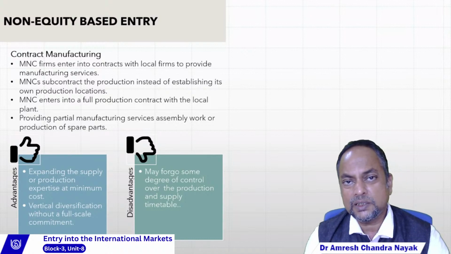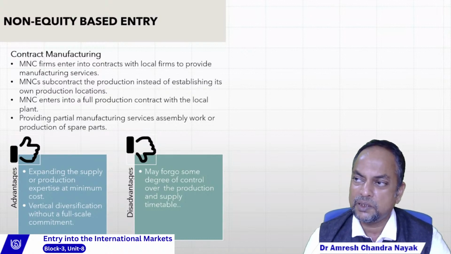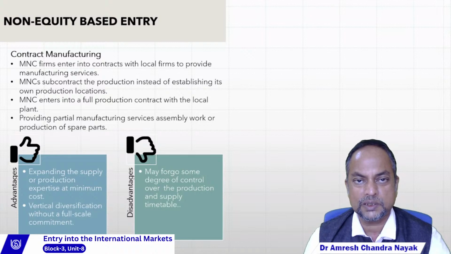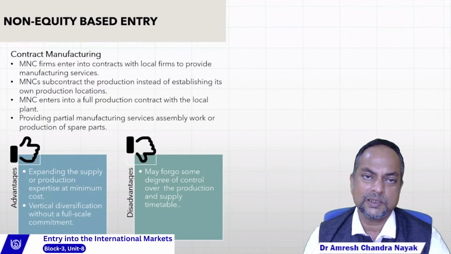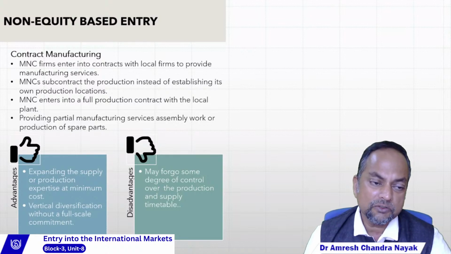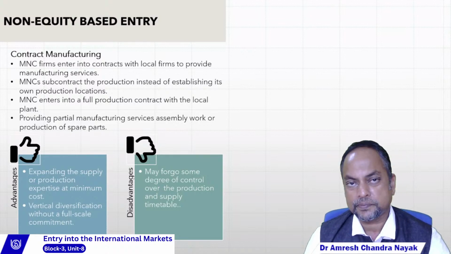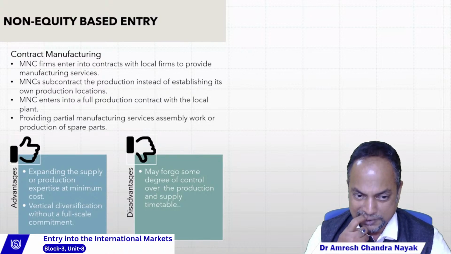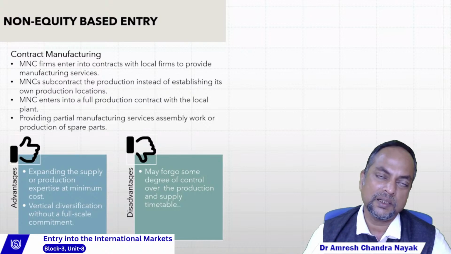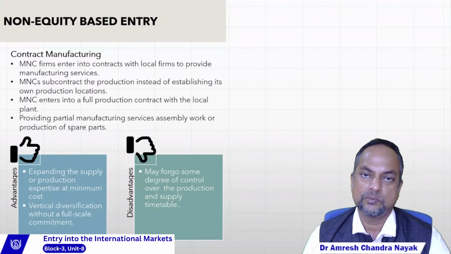So this is a strategy, as you may remember in module 2 we discussed vertical integration, horizontal integration. So this is a vertical integration strategy. I'm not expanding in terms of the product line, but for the existing product I want to establish a new production unit.